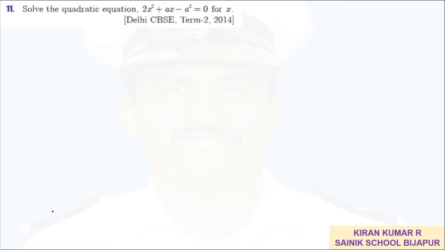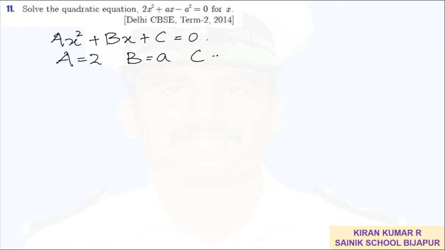Question 11. Solve the quadratic equation for x. Let me consider the quadratic equation is of the type capital A x square plus capital B x plus capital C equal to 0. In this, if you do direct comparison, A is 2, B is a, and C is negative a square.